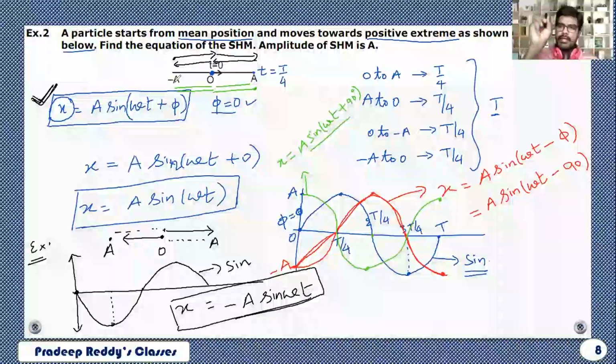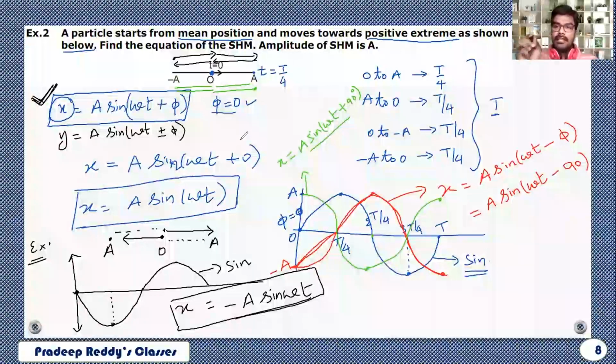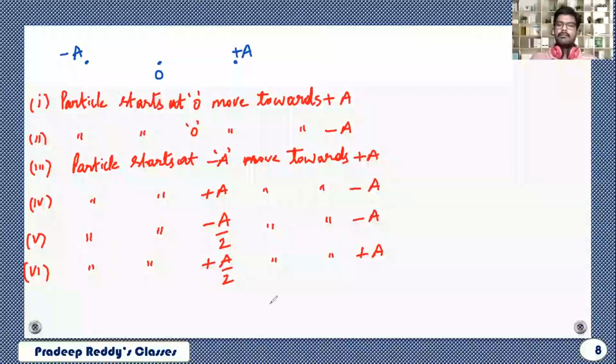If the particle is moving along y direction, then you will write it as y is equal to a sine of omega t plus or minus pi. This plus or minus pi depends upon the initial starting position of the particle. Students, as we have discussed in the earlier problem, if the particle is starting at mean position or extreme position, based on that you will be getting the equation for displacement of the particle.